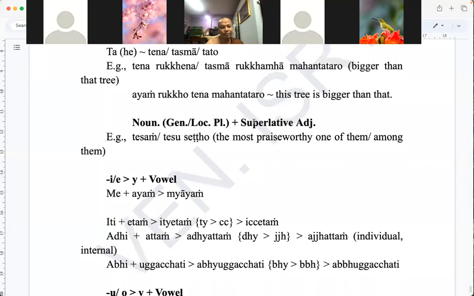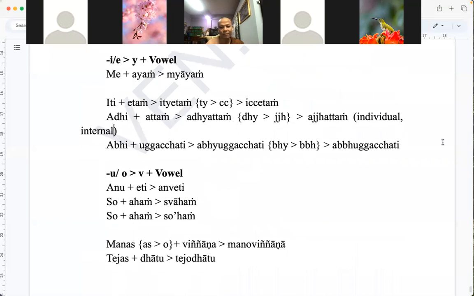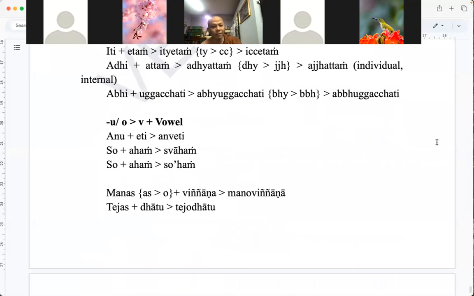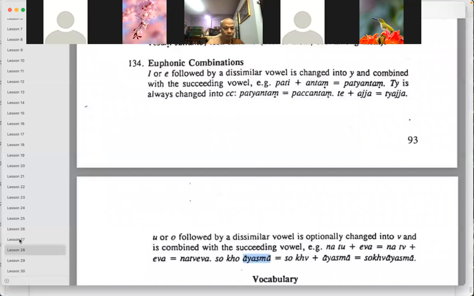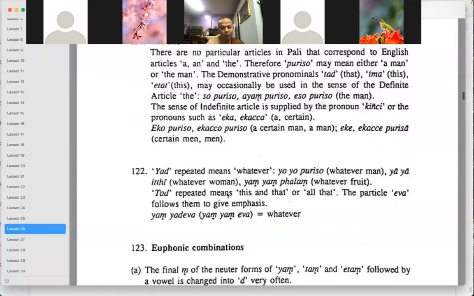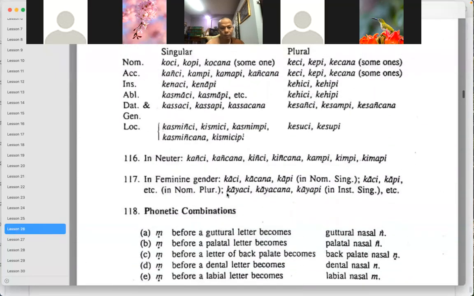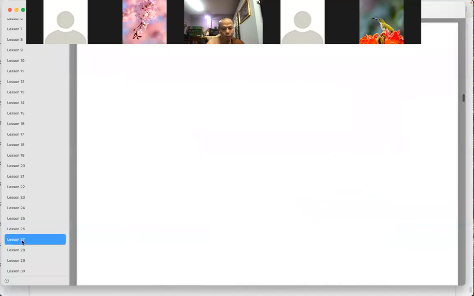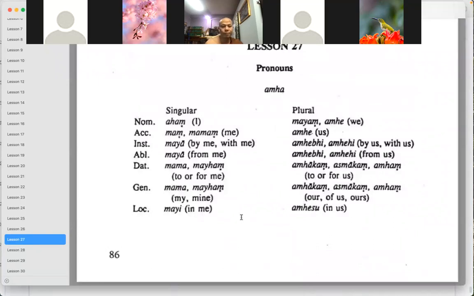Okay. Excuse me, Bante. For lesson 27, Bante, there is one point. It's mentioned about the first person pronoun. So from the beginning of lesson 27, Bante.